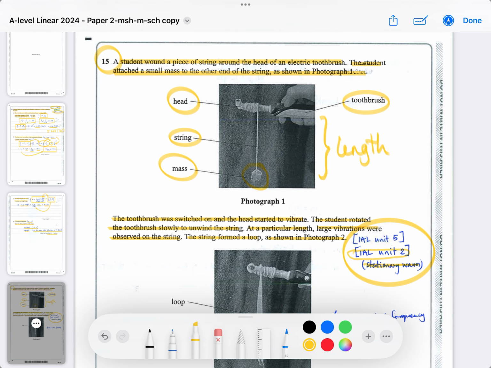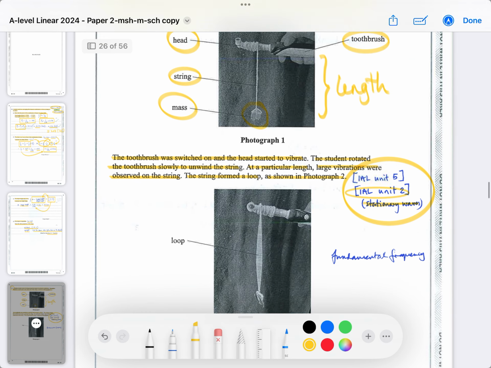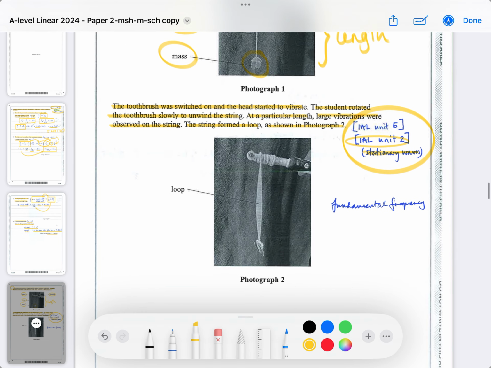It's from the IAL Unit 2 waves topic. You can see that it's got one loop, so that's one antinode, and therefore it's got two nodes at the fixed points.